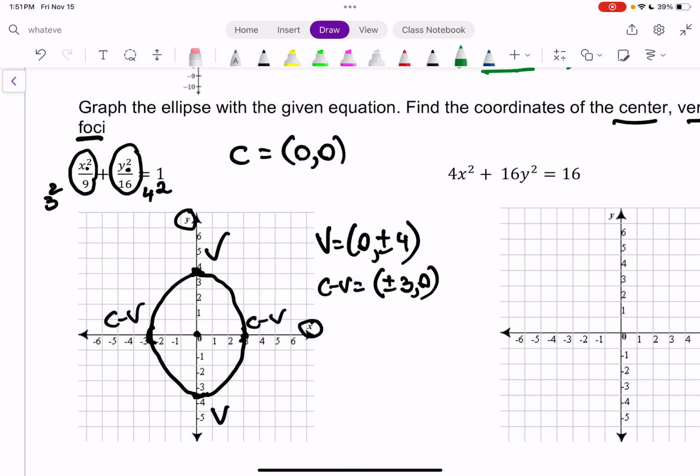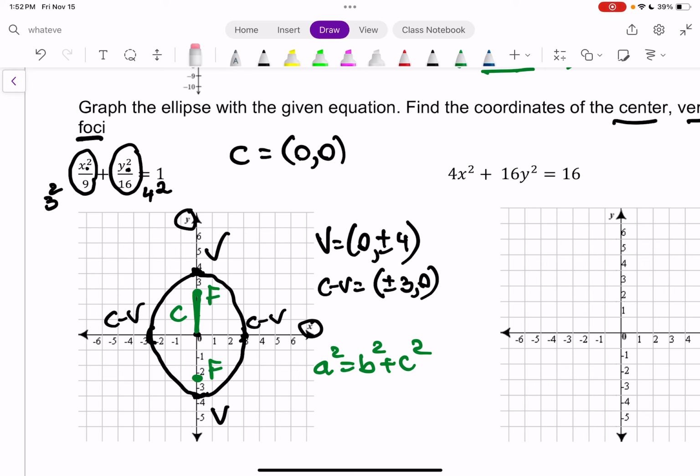Now to find the foci, they have to be somewhere on the major axis. To find the foci, we have to use that equation that said that a squared is equal to b squared plus c squared, and we have to find that c distance. Okay, that's too many c's.